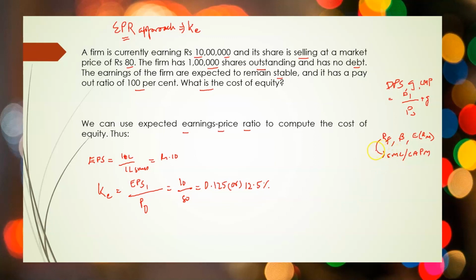So it is not necessary that the question should deliberate the method; depending upon the information given in the question, you should select the method. Hope you are in a position to understand various methods of calculating cost of equity.